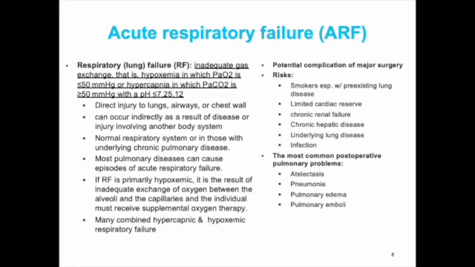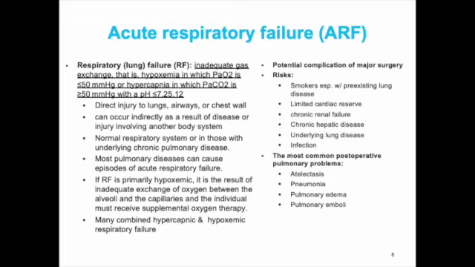The prevention of post-op respiratory failure is going to be talked about more in your medical surgical class, but it does include frequent turning and positioning your patient, telling them to deep breathe, using the incentive spirometer, all ways to help deter post-op respiratory failure.